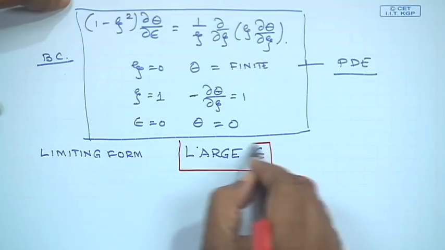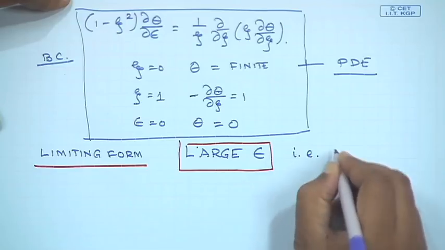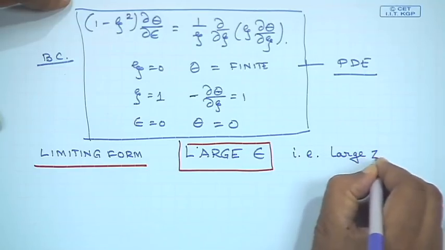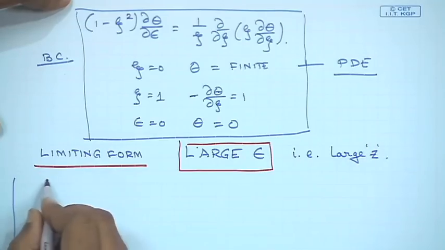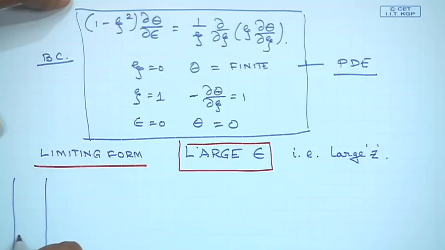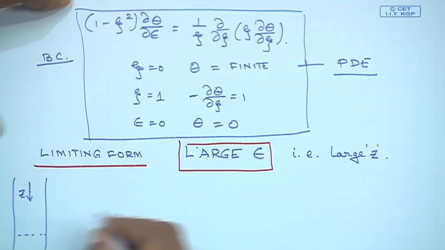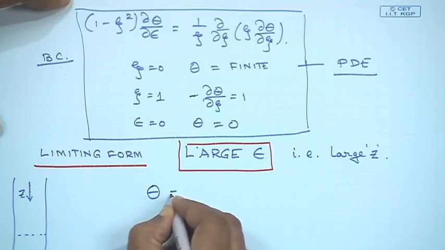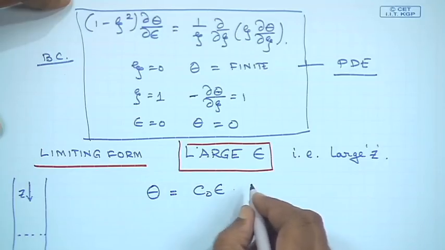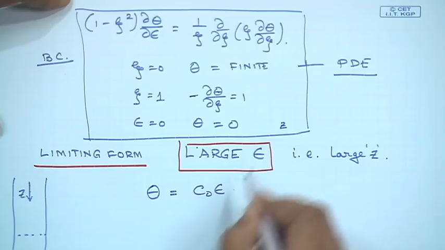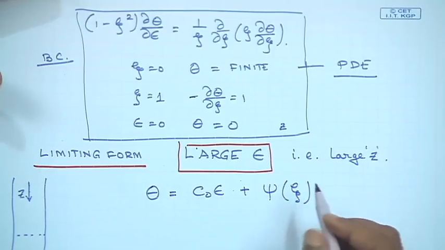So, this is the limiting form of the solution for large epsilon, that is large z. It can be assumed, that means when the fluid has really travelled far into, this is the z direction, far into the fluid, it is safe to assume that the temperature, dimensionless temperature, is going to be a linear function of epsilon, that means z, plus psi, a function of zeta.